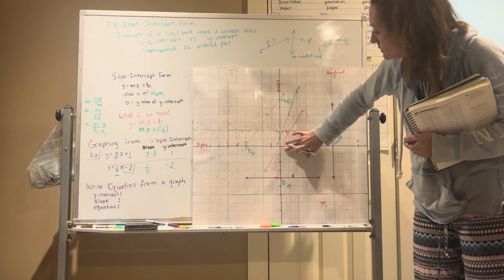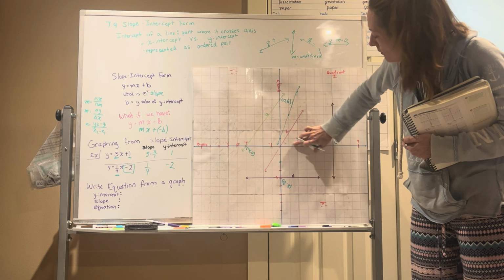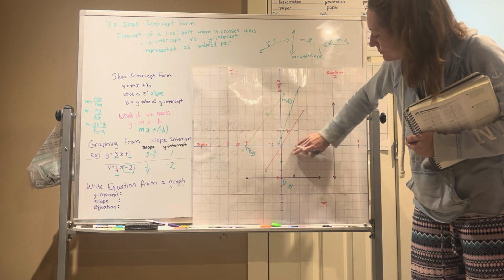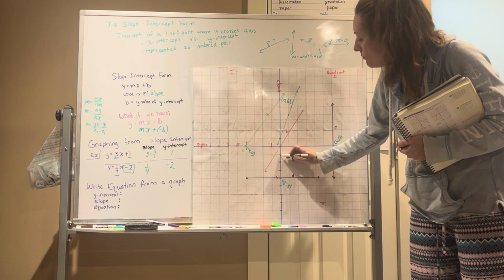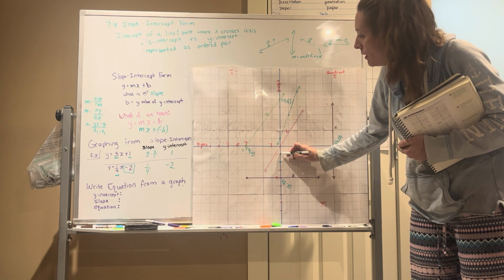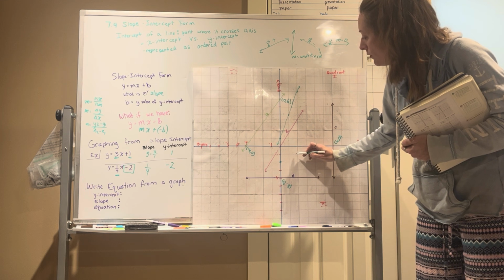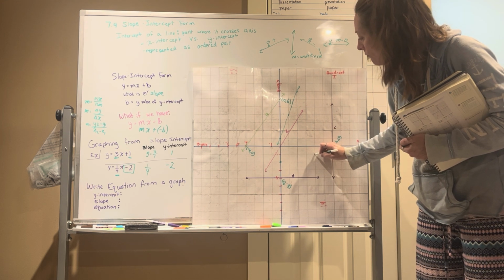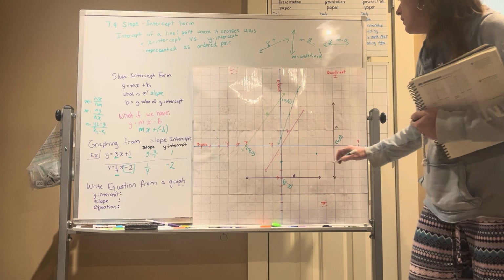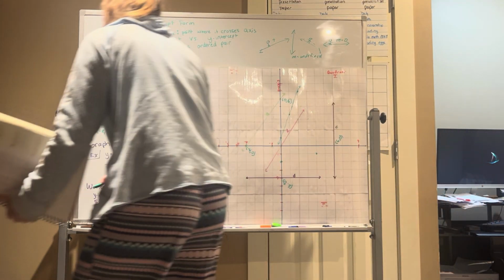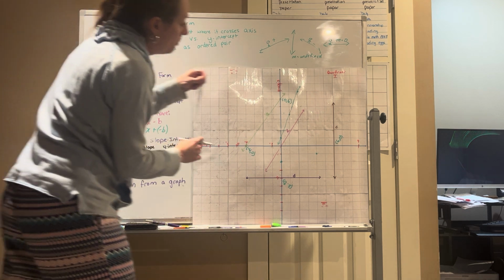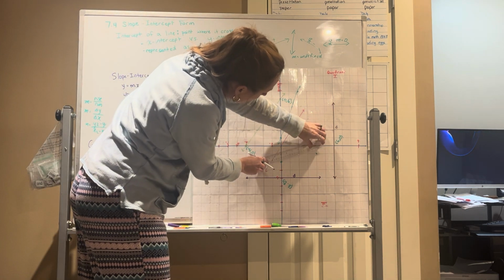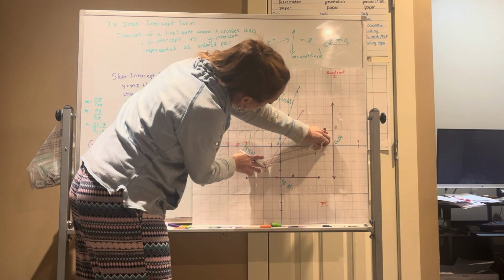I'm going to erase some of this. We have a slope of +1 rise, and then +4 run. 1, 2, 3, 4. And that one, I should have done this for the other one, but I'm just going to get the ruler out and do it.